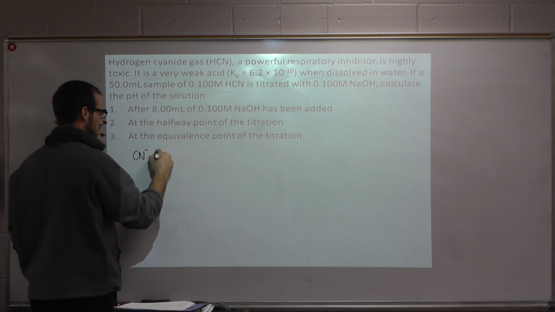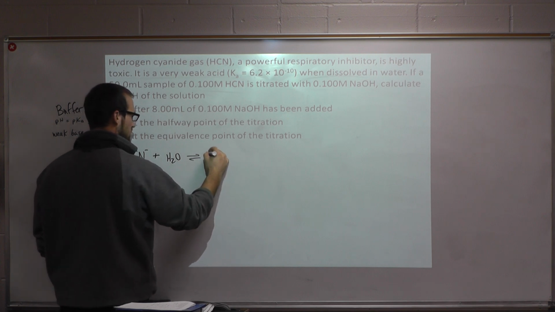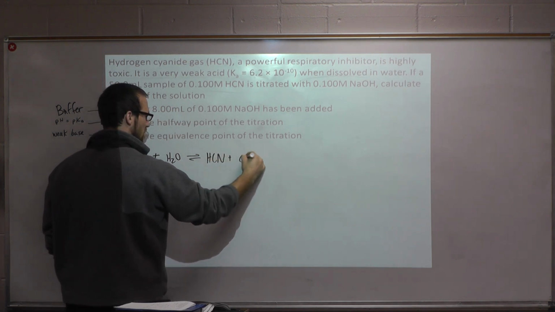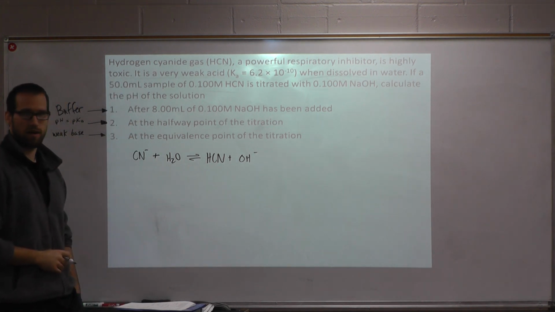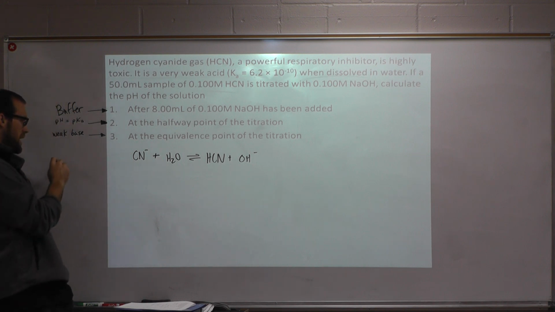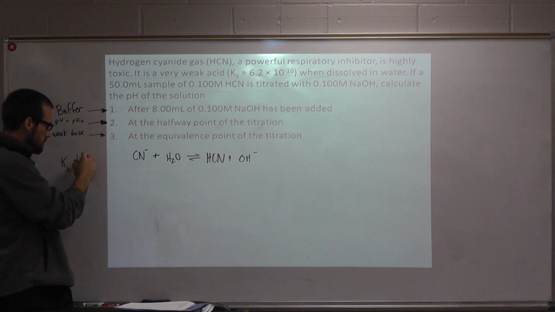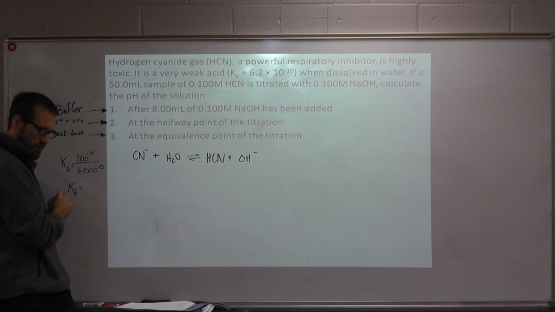What will the CN react with? H2O. Okay. And we are going to get some OH left over, and that's where our pH is going to come from. So I've got to first take my Ka and turn it into Kb. Your Kb is 1.6 times 10 to the negative fifth.